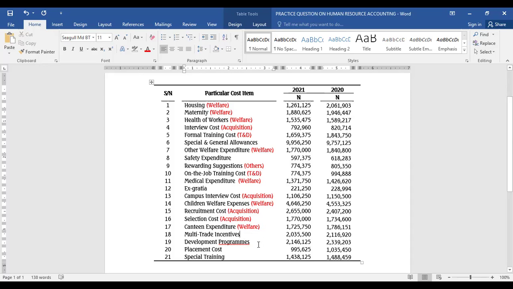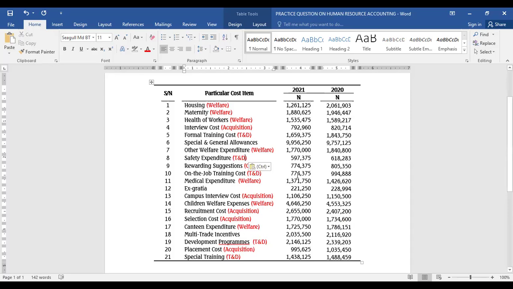Multi-trade incentives are not too clear, but this one is clearly training and development. T&D, training and development. Placement cost, clearly acquisition. Training and development. Special training, that is training and development. So the ones that we are not clear about, it is safe for us to just regard them as others.